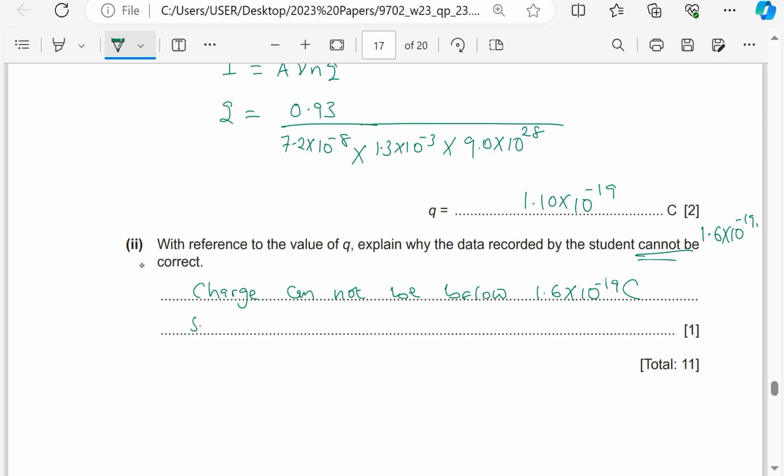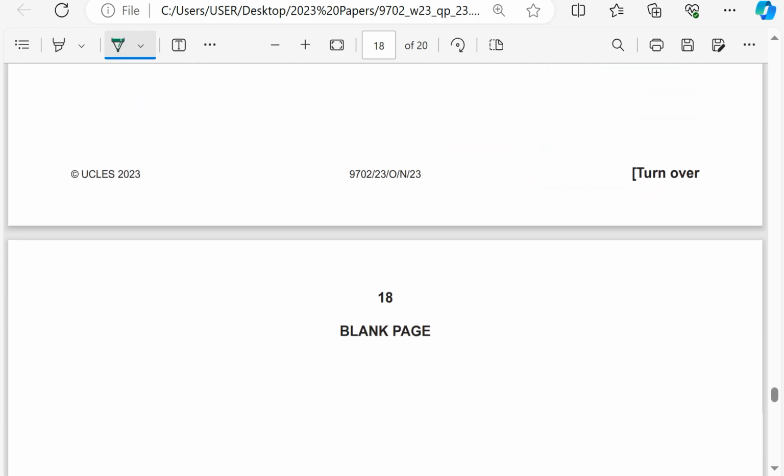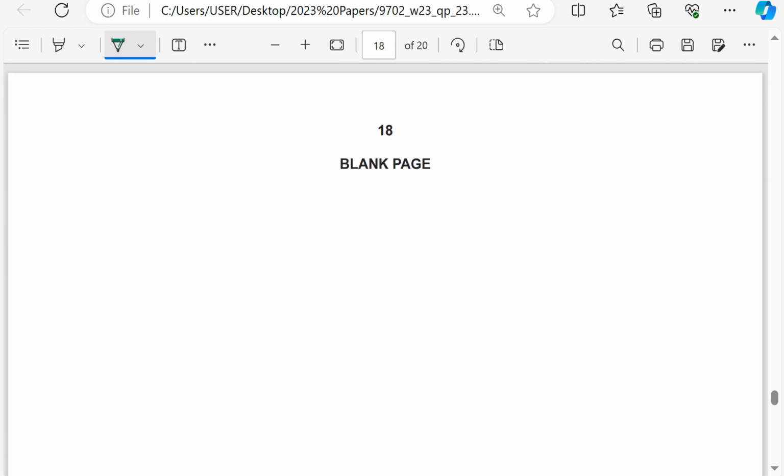So the data recorded cannot be correct, because 1.6 times 10 to the power of minus 19 is the elementary charge. So we expect it to be the smallest charge, not going below it.